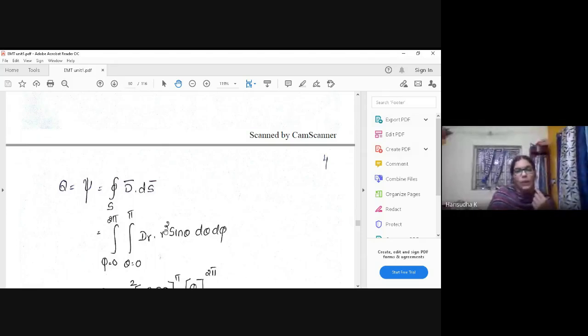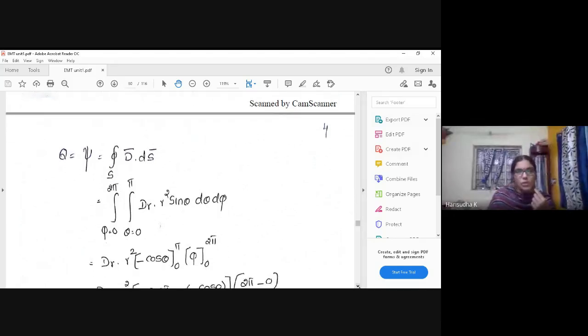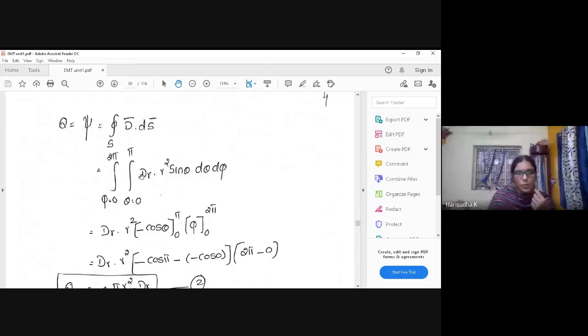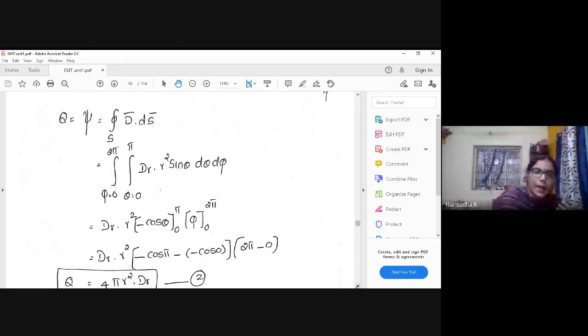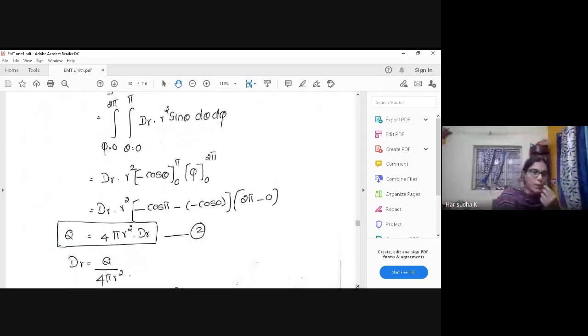Therefore, we have to integrate with respect to theta and phi. So Dr is treated as a constant term. Taking the constant term outside, I have integrated with respect to theta and with respect to phi. So r square is also a constant. Once I integrate it, I have got the equation Q is equal to 4 pi r square into Dr.